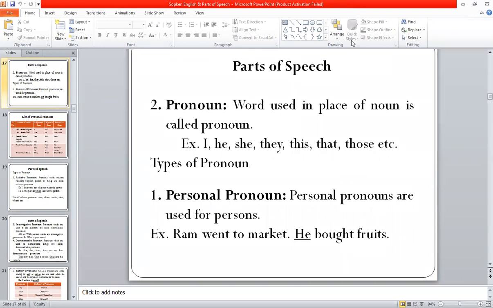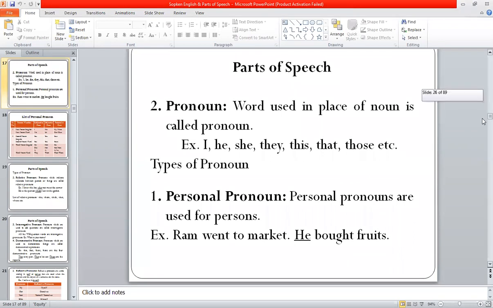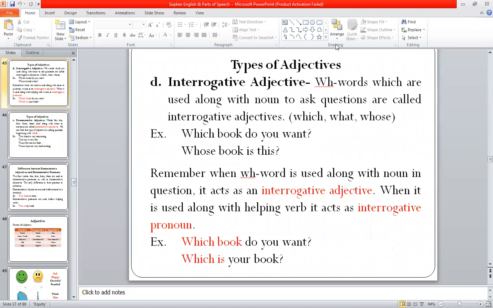So in the last lecture, we have seen how many types of conjunctions there are. Let me first add these two things.